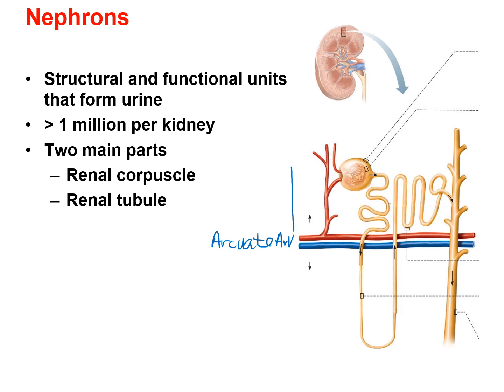So anything in this direction is going to be located in the cortex. Anything in this direction is going to be located in your medulla. So you can use your arcuate artery and vein as a good dividing line to separate where's my cortex, where's my medulla, what's found in what area.